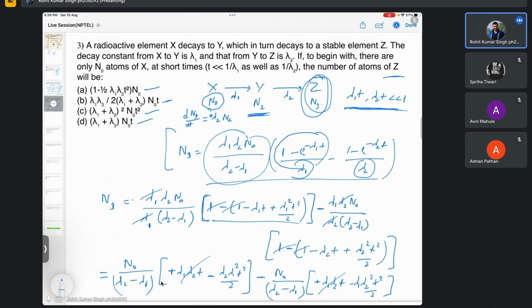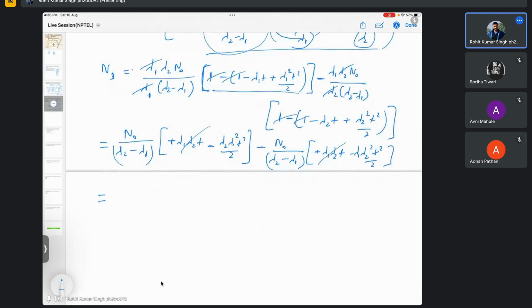So what we are left with is, we are basically taking this term common, so we have minus lambda 2 lambda 1 square t square by 2, minus minus plus lambda 1 lambda 2 square t square by 2. Fine.